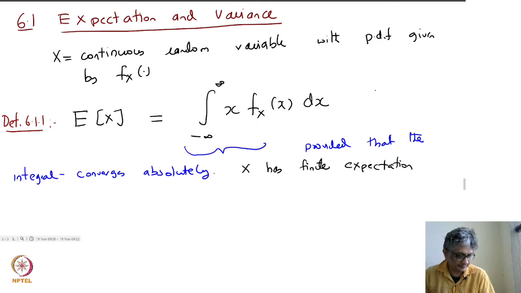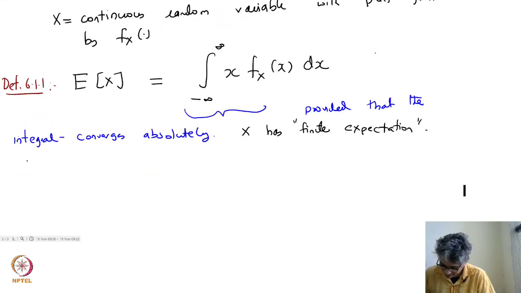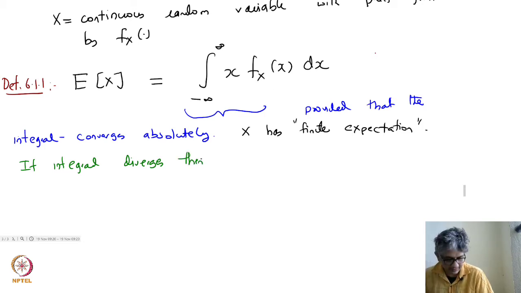Otherwise, you have to go into the uncertain world. If the integral diverges to plus or minus infinity, you say that the random variable has infinite expectation. We say X has infinite expectation.